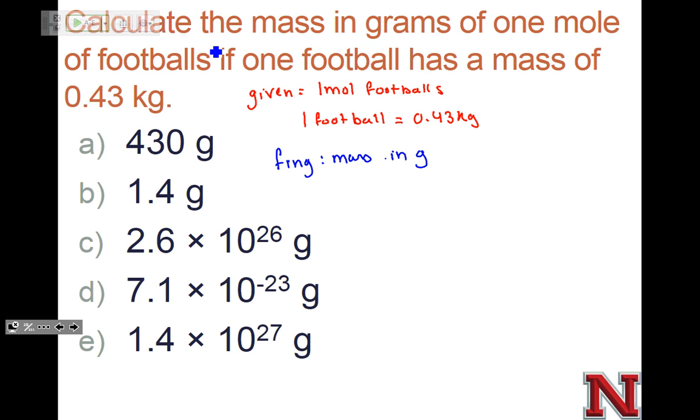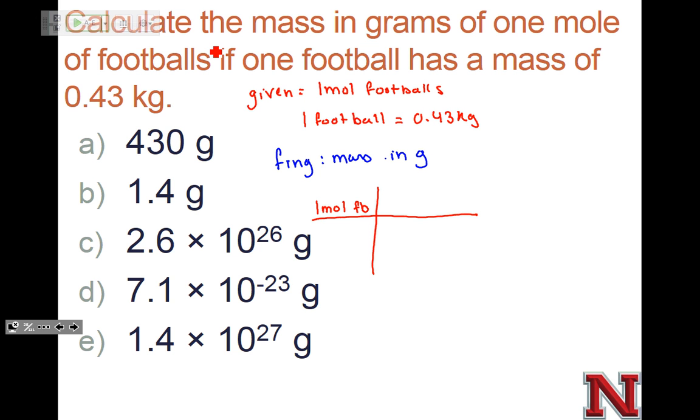So we're starting with the amount of moles given, which is 1 mole. And I'm going to put FB, just to save room, for football. Remember, here we're given footballs. Footballs are things. What's our relationship between moles and things? Avogadro's number.